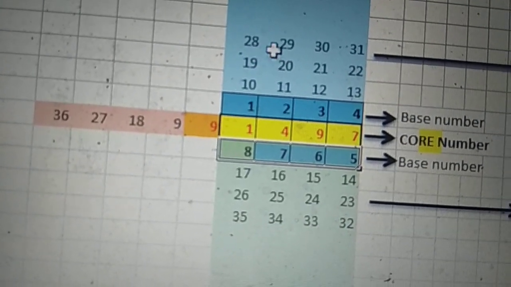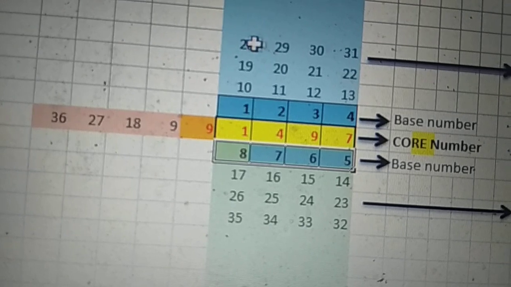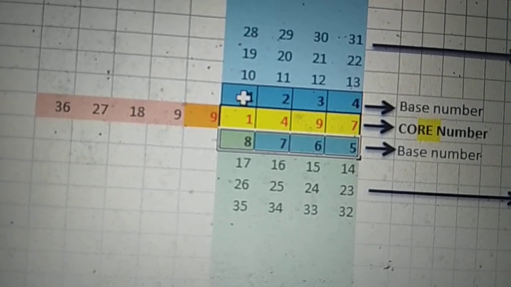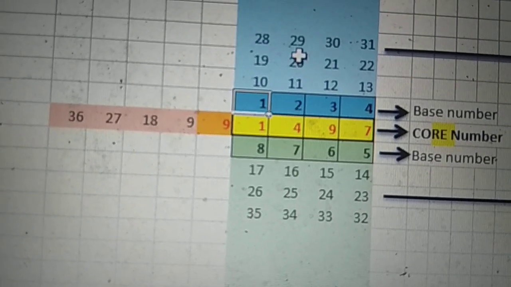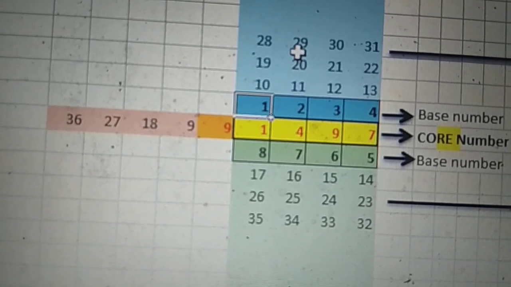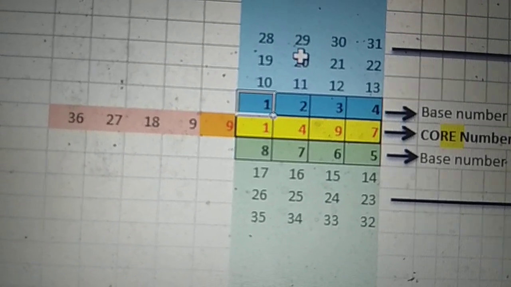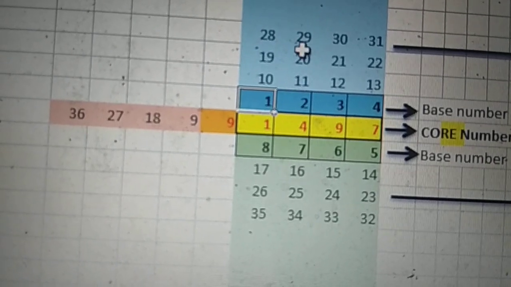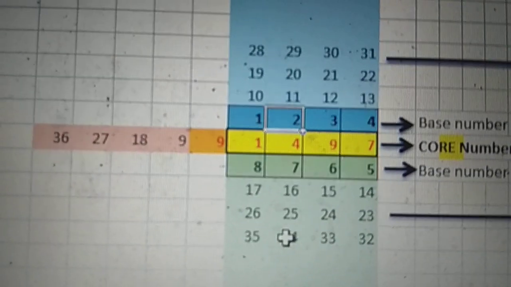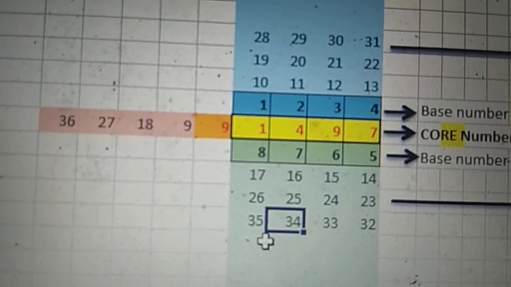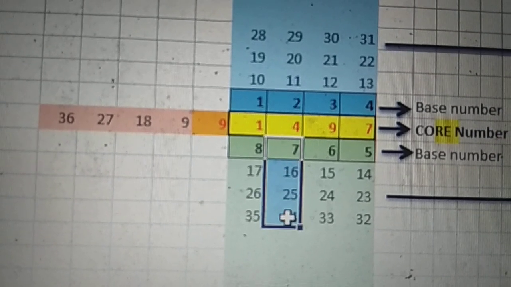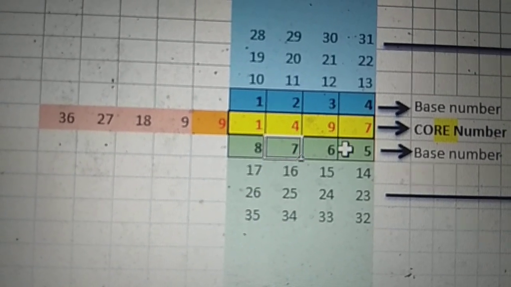When we take the digit sum of these numbers, it corresponds to these base numbers. Example is 29. That's 2 plus 9, that is 11. Digit sum of 11 is 2, so it corresponds to this one. Similarly, 34 is 3 plus 4, that is 7, so it corresponds to this 7. So these are the base numbers.